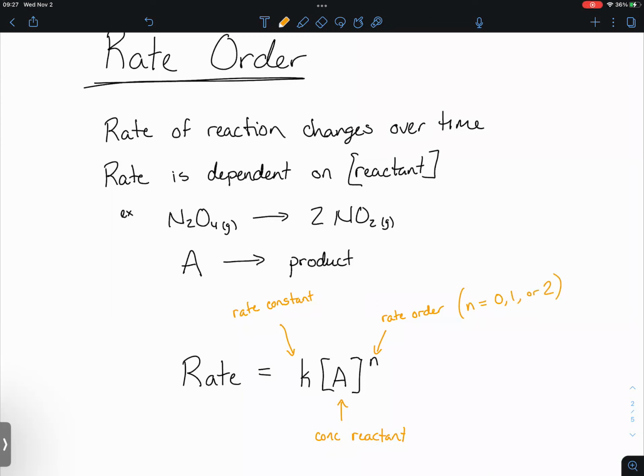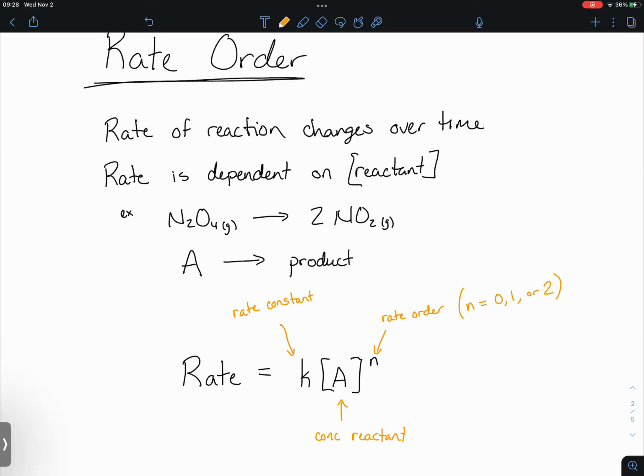All right, so for a given chemical reaction, we don't know this just by looking at it, but we can go in and measure the rates, and specifically the dependence on the concentration of reactant for the rate. And then we can figure out this rate order, and it turns out that the vast majority of reactions will fit nicely into this type of equation, where that rate order is either 0, 1, or 2.